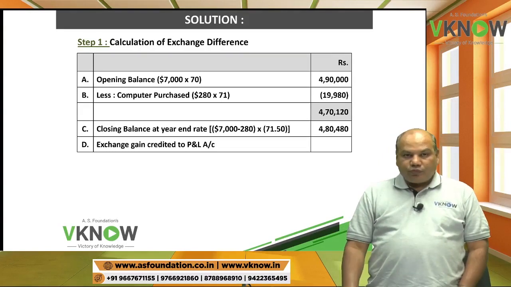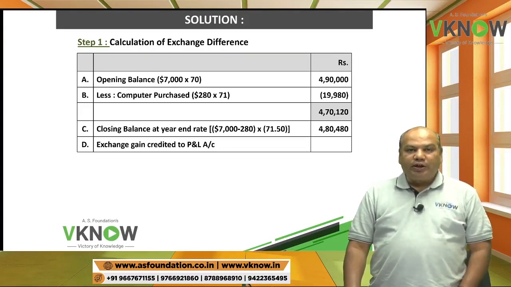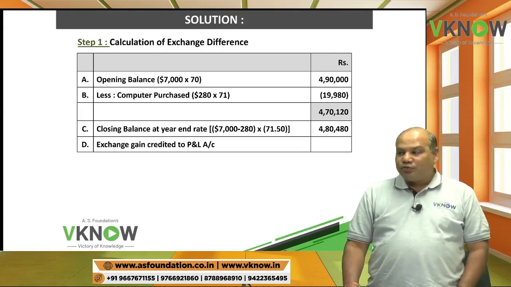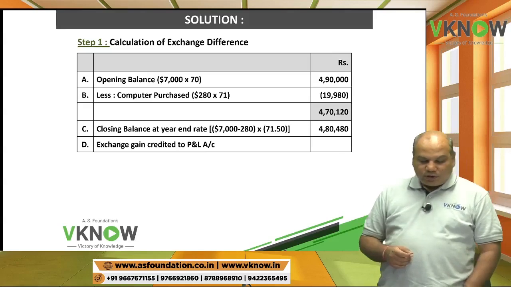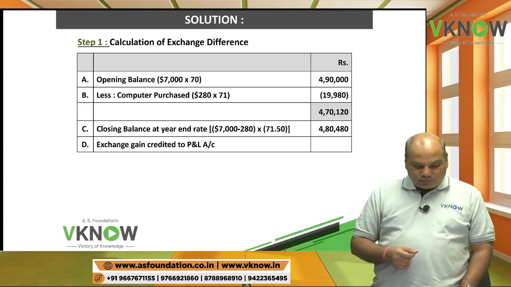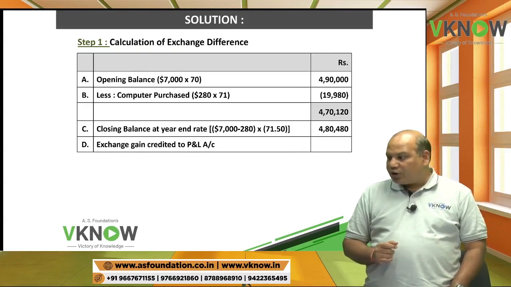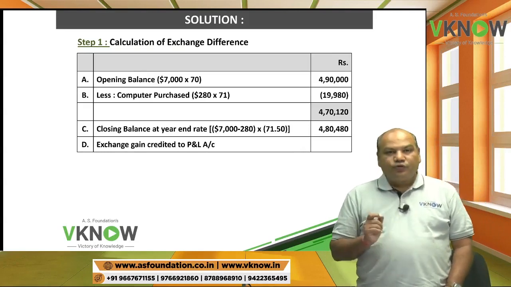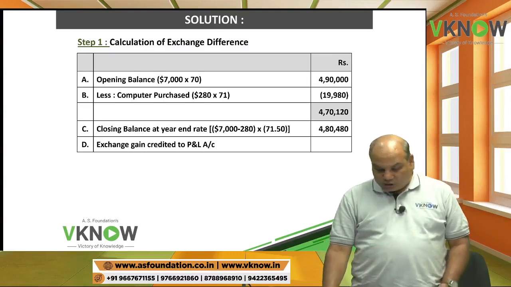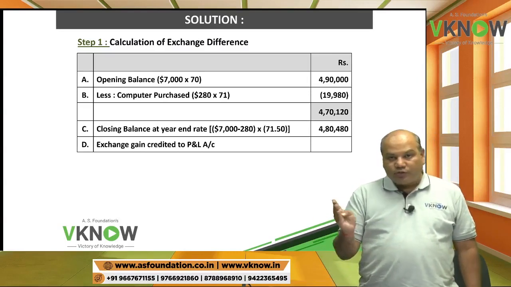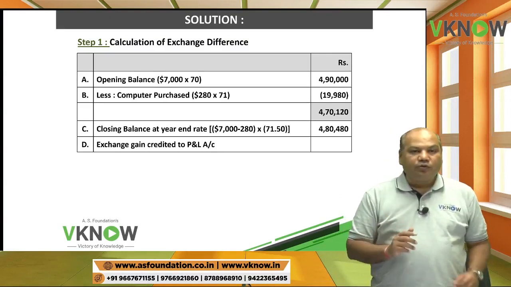Therefore, the difference will be exchange gain, which will be credited to the P&L account. So write down, therefore exchange gain credited to P&L account. The difference is how much? Take the difference, 470,120 minus 4,80,480.